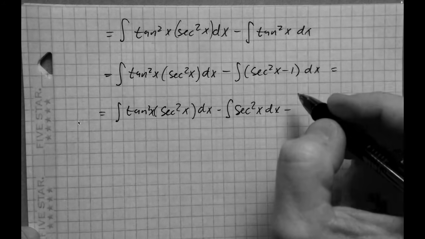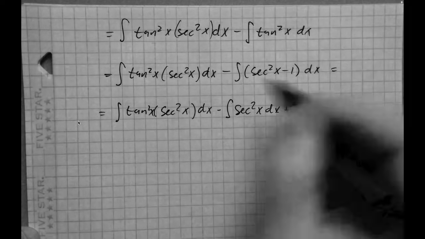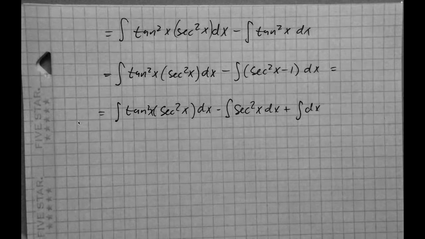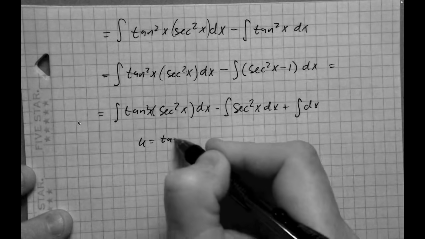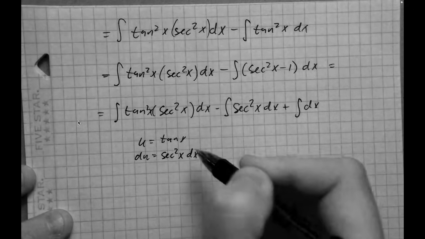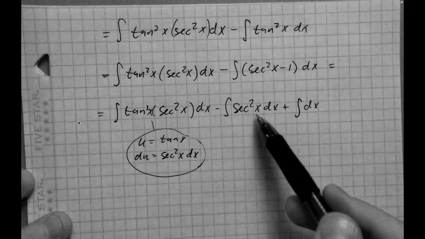I guess it should be plus, right? Minus, minus, yep. Okay. All right. And so this one here, I need the u sub. u equals tan x, du equals secant squared x dx. That's for this guy.